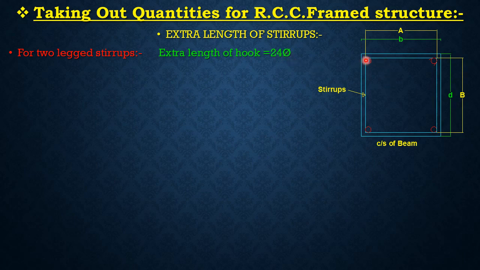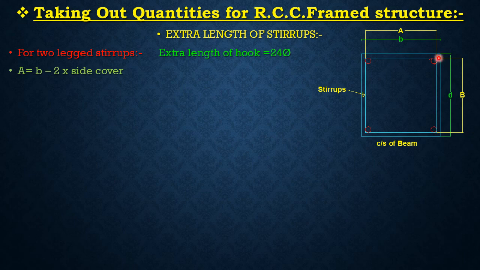Then we need to calculate the length of stirrups A and B. So how to calculate A and B? A is equal to B minus 2 into side cover. Here B is the length in X direction of the stirrup.